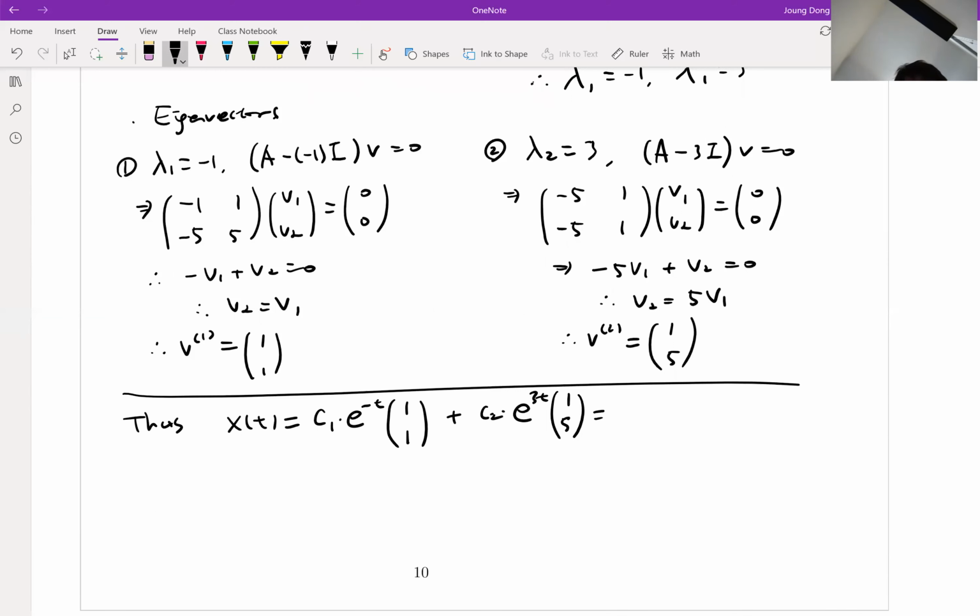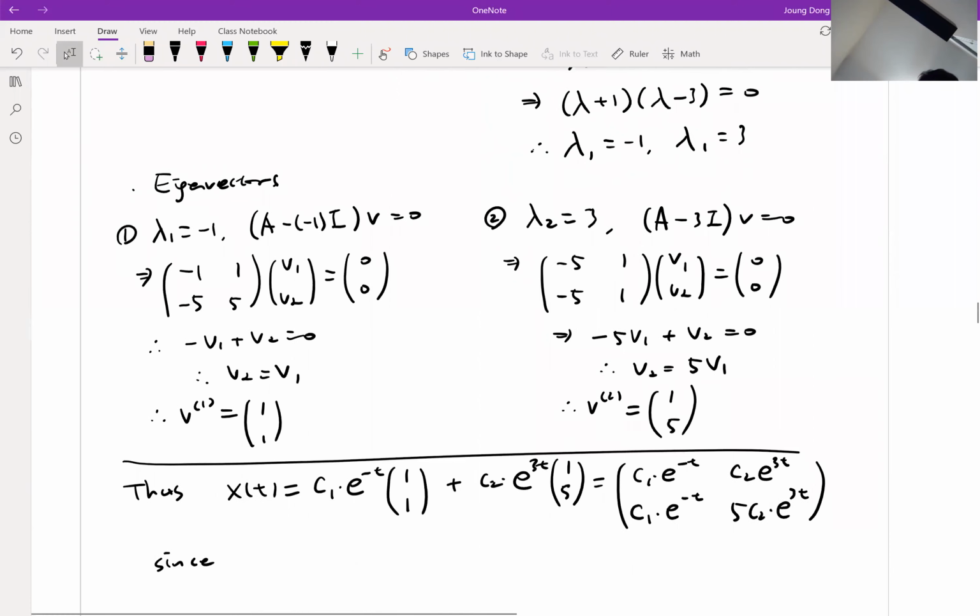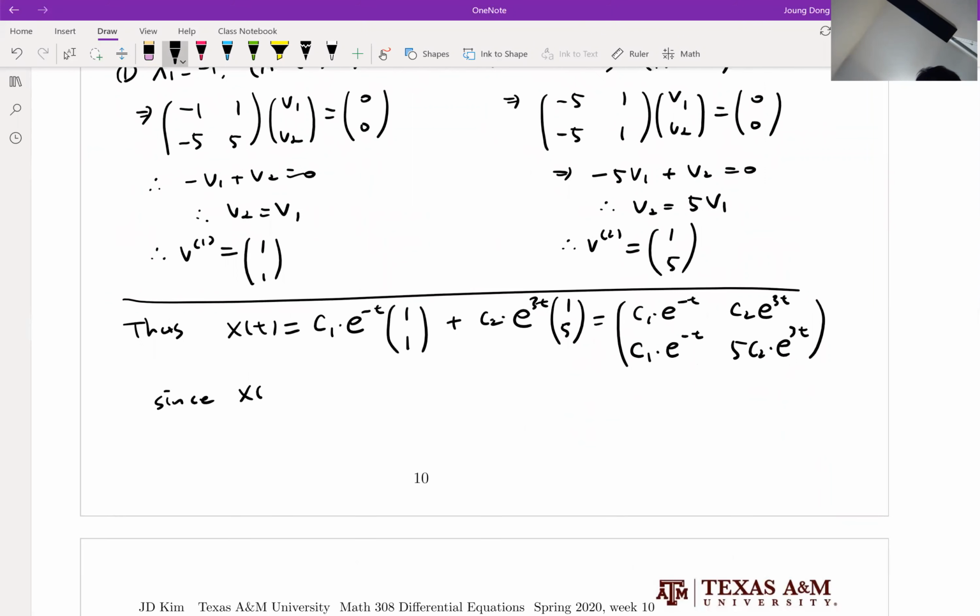It is equal to C1 e to the minus t plus C2 e to the 3t in the first row, and C1 e to the minus t plus 5 C2 e to the 3t in the second row. And now, the initial condition, what was it? They said x of 0 equals 1, 3, right? Oh, I'm sorry, it's plus, right?